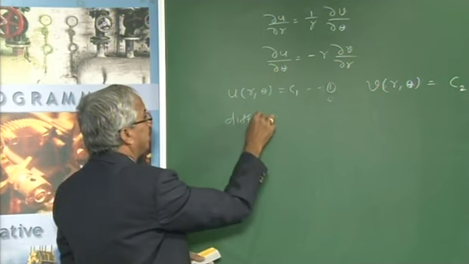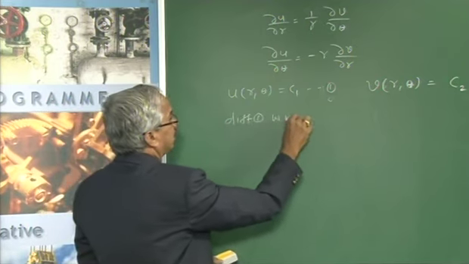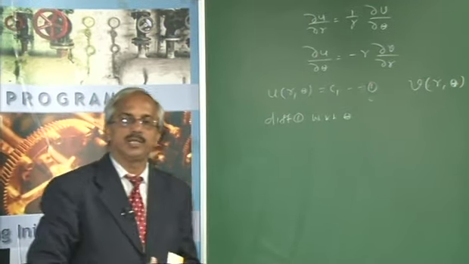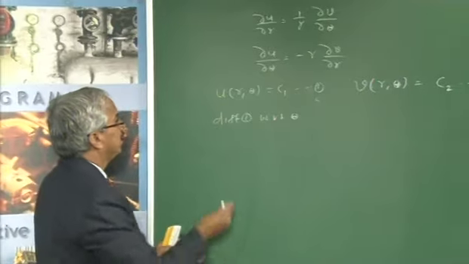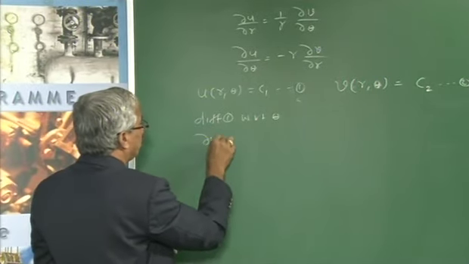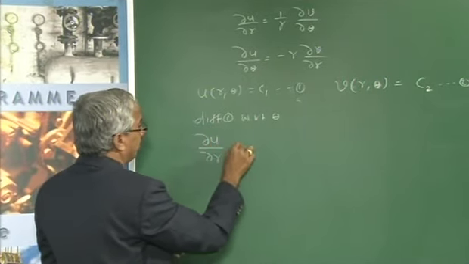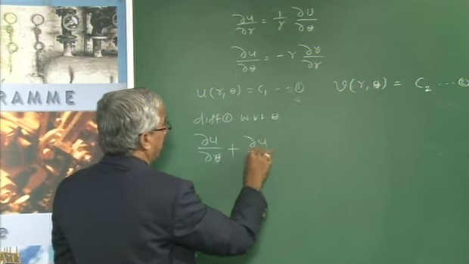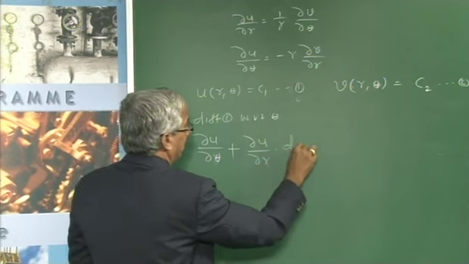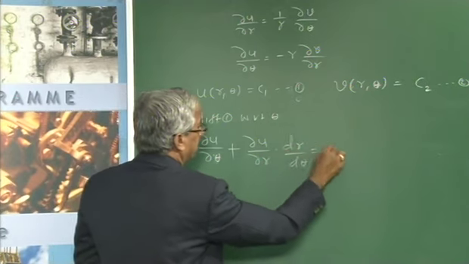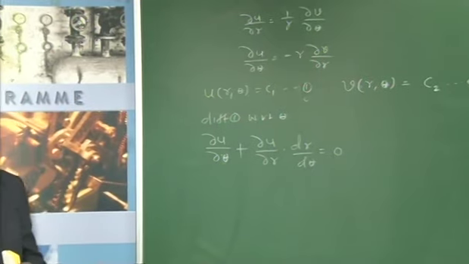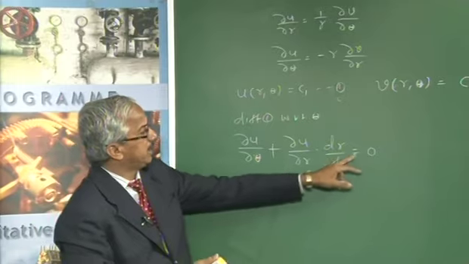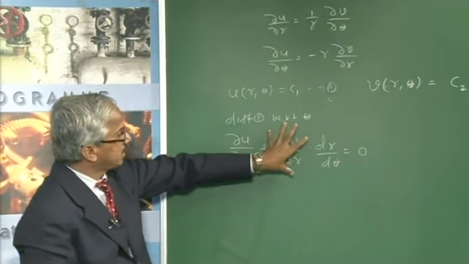Differentiate 1 with respect to theta. Differentiating with respect to theta means theta is the independent variable and r is the dependent variable. Therefore, dou u by dou theta plus dou u by dou r into dr by d theta is equal to 0, because r is a function of theta.